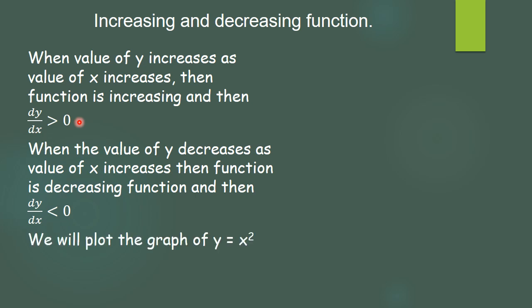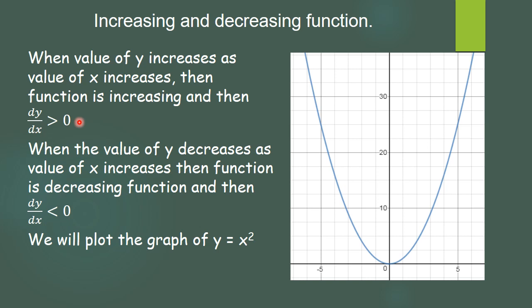Now to understand this, we will plot a graph of y is equal to x square. When we plot the graph, what happens? When x is 1, y is 1. When x is 2, y is 4. When x is 3, y will be 9. So as my x goes on increasing, the value of y goes on increasing on this side.